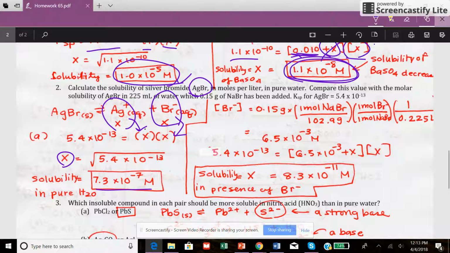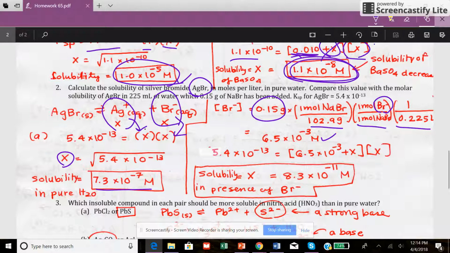Now, if you're dissolving this silver bromide in a solution that already has some bromide ion in it, how much bromide? You can find that out. Divide the 0.15 by the molar mass of sodium bromide, since every 1 mole of sodium bromide gives you 1 mole of bromide, and divide that by the total volume of the solution. This is the concentration of the bromide ion.